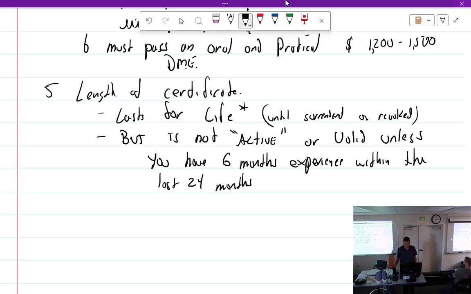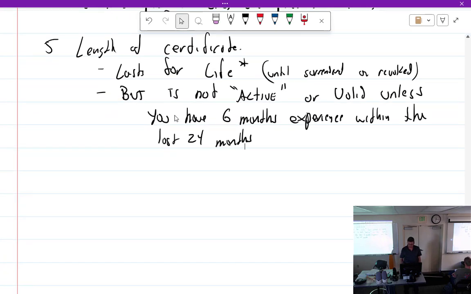Sometimes things just aren't exactly spelled out to the degree they need to be to enforce it. But you always want to comply with the spirit of the law. So as long as you're complying with the spirit of the law, I think you're completely fine. Nobody's going to go, well, that was to the end of the month, not the beginning of the month. No, they won't do that. But you want to make sure that you work under somebody, keep it active.